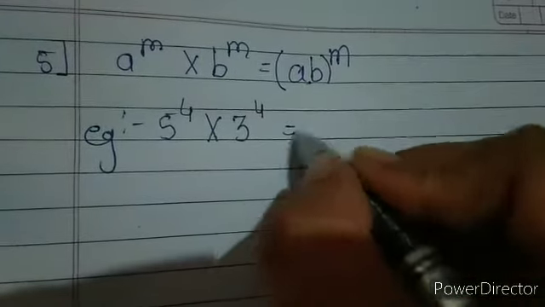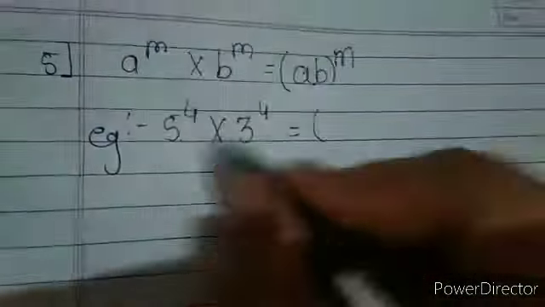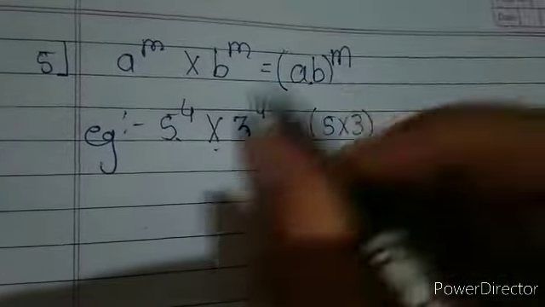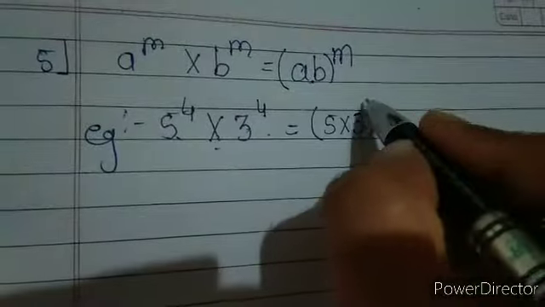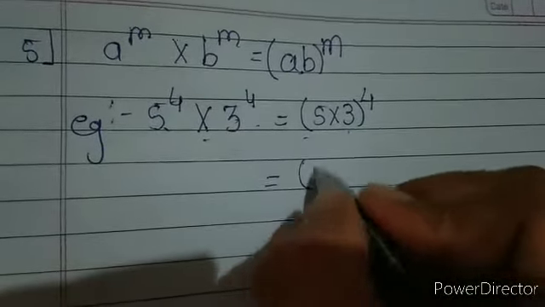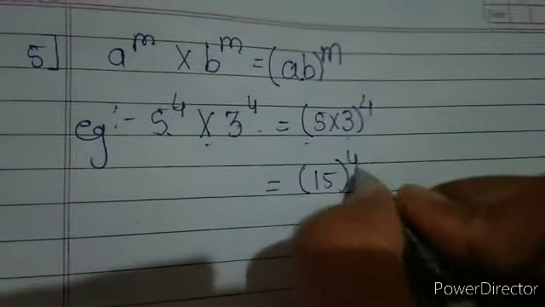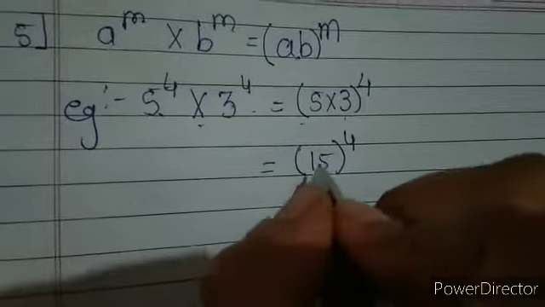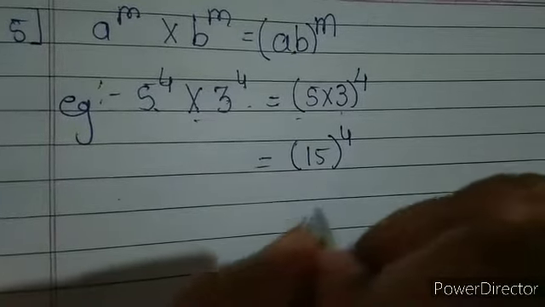Different bases, multiply them. Common index, take it commonly. 5 3s are 15 raised to 4. If you want to find the value of 15 raised to 4, write 15 four times and multiply, you will get the answer.